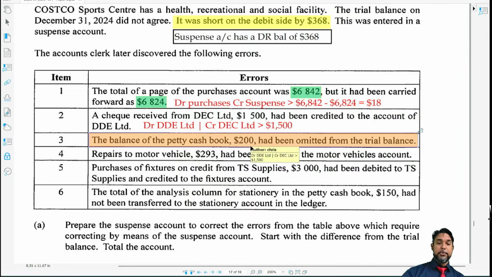If the item in orange was supposed to be on the debit side but was not, it means that that would contribute to the shortage, right? Okay, so when we fix that and put in the 200, it means that this 368 will come down by 200. Correct, right? So the actual balance in the suspense account is supposed to be 168, right? Now, you could basically do the same thing by putting a 268 on the credit side, but I don't know what you would label it.